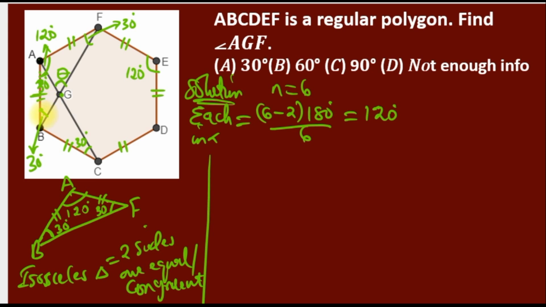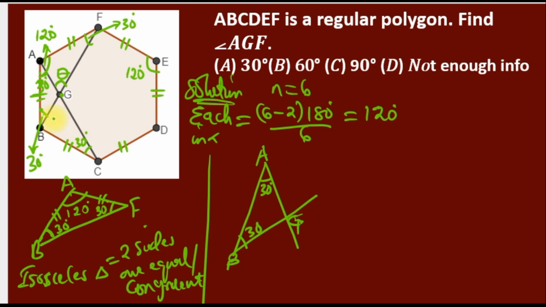So what do you have to say? Look at this triangle. Look at triangle A, B, and G here. I've gotten here to be 30. I've gotten here to be 30, yes.